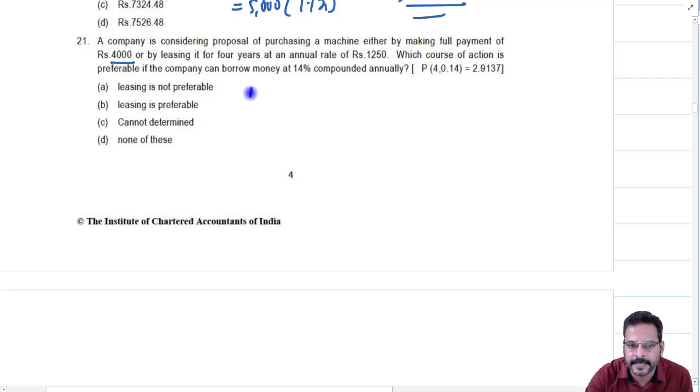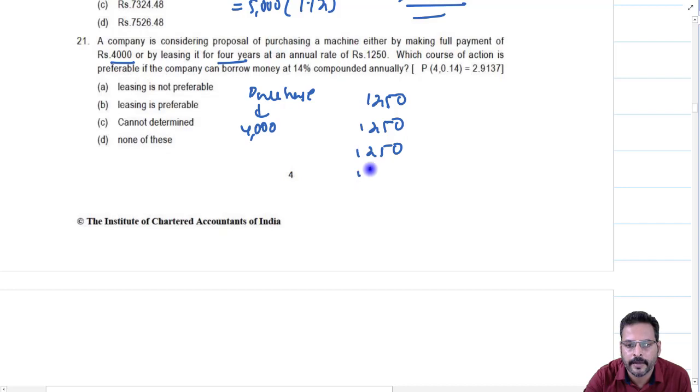Purchase means right now expending 4,000, that means 4,000 will be the present value. The other option will be leasing, that means paying rent every year for 4 years: 1,250, 1,250, 1,250, 1,250. That means a regular annuity.